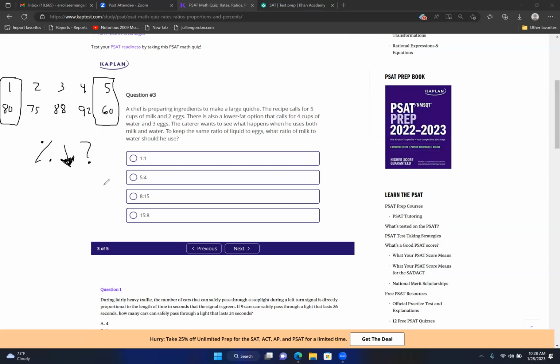How do we find that? Divide 60 by 80. 60 by 80 is what? 75%, which is 0.75. So would it be a 75% decrease?